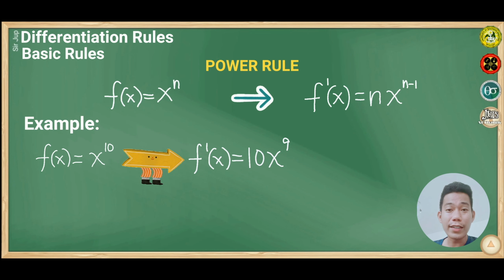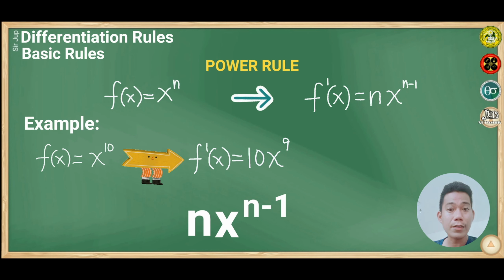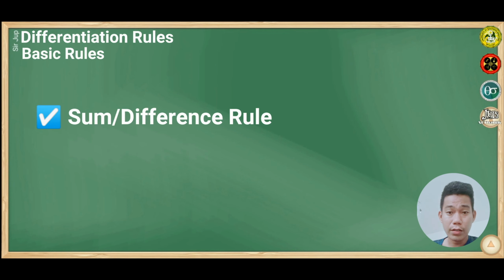Okay, so again, yung power rule is yung exponent nilagay mo sa coefficient at saka yung matira sa exponent, mag-subtract ka lang ng 1. That is power rule.